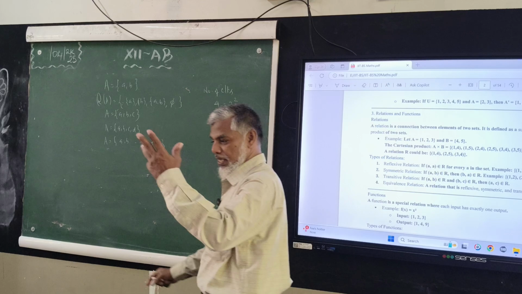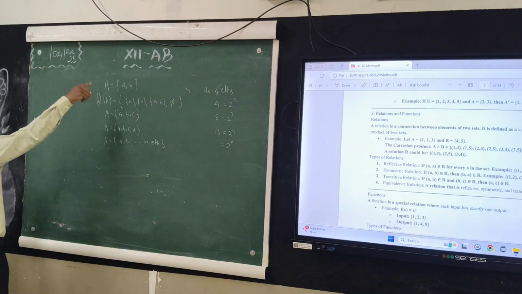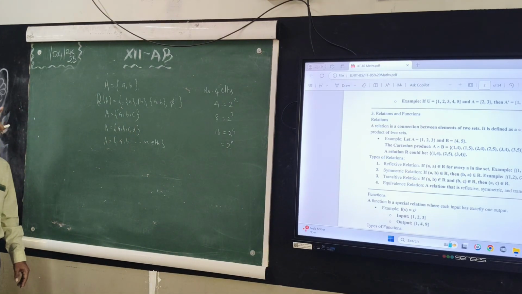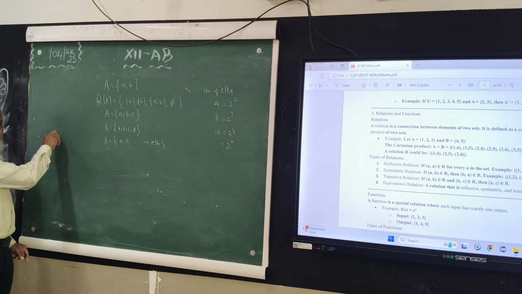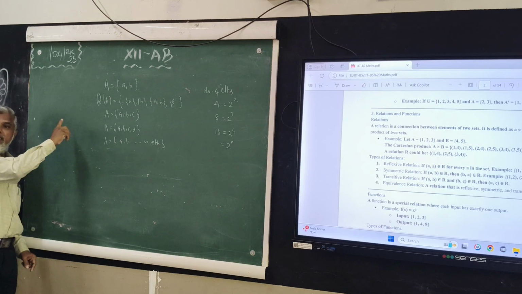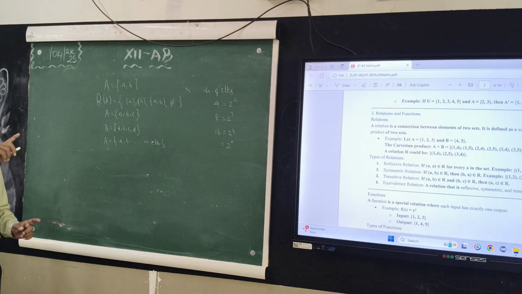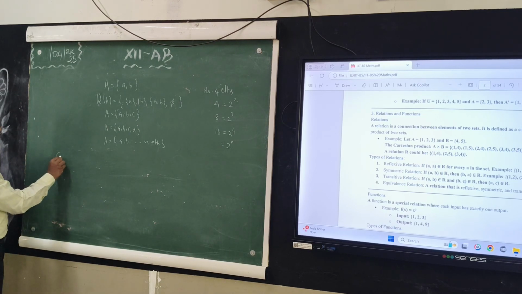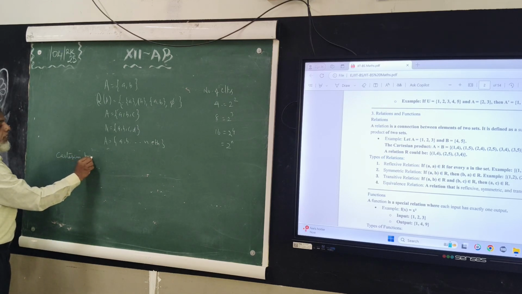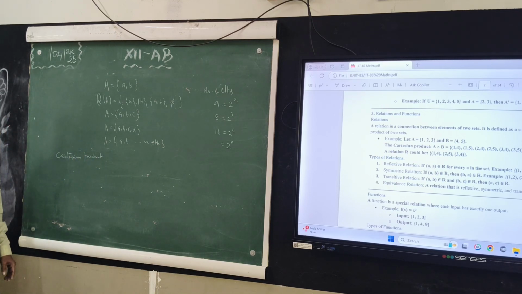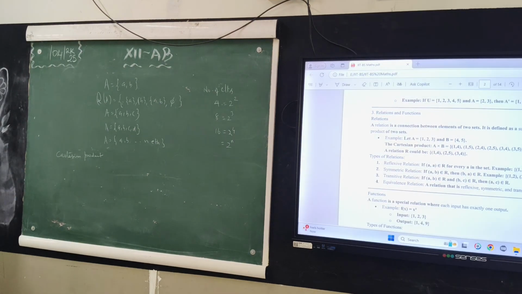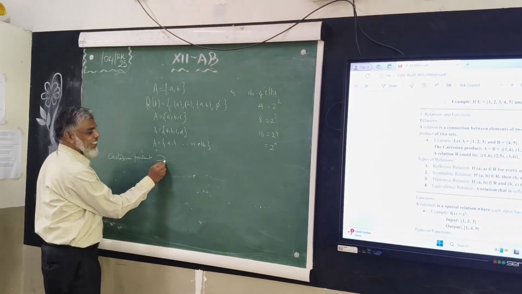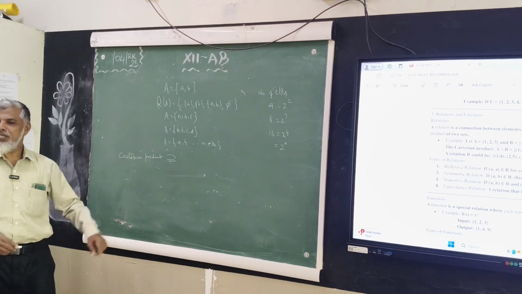In the beginning we studied that N is a subset of W, W is a subset of Z, Z is a subset of Q, Q is a subset of R, and R is a subset of C. Similarly here, the Cartesian product is the superset, and the relation is a subset.